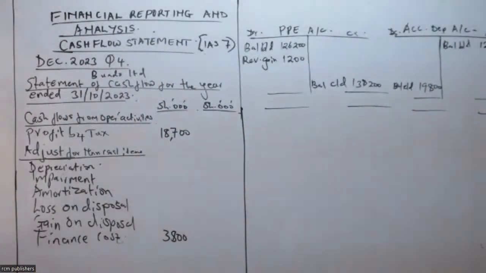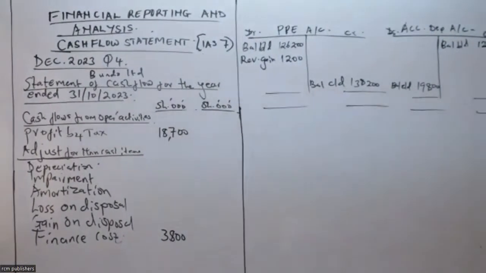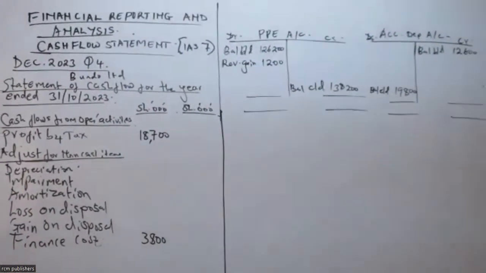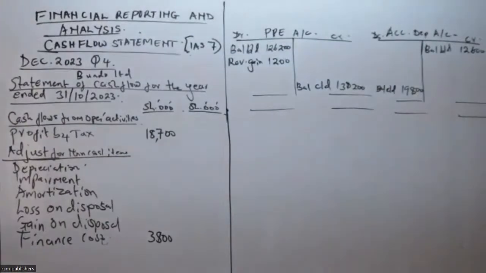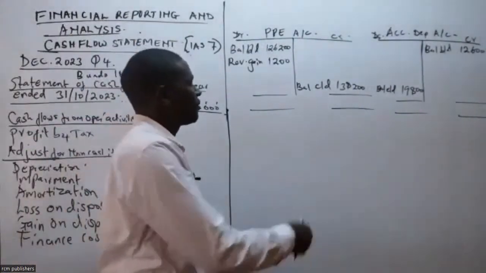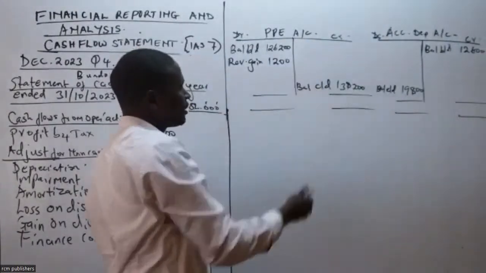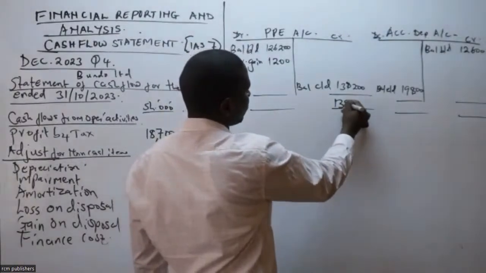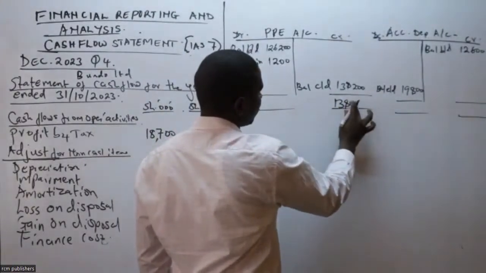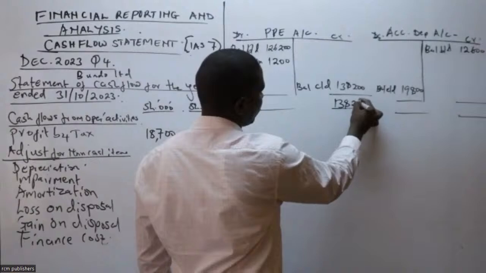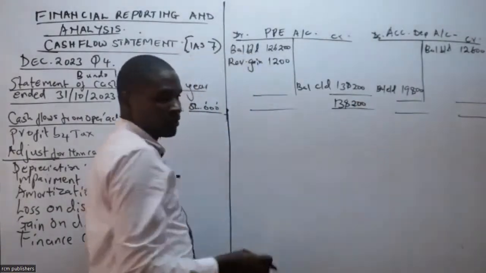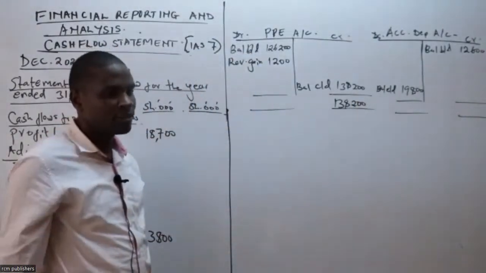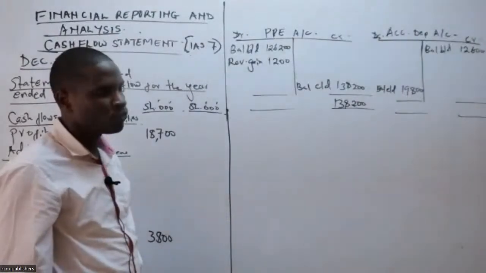So allow me to adjust a little here. All right. Can you give me the balancing figure this side? You can see this side I have 138,200. This side, how much do I have? 127,400.